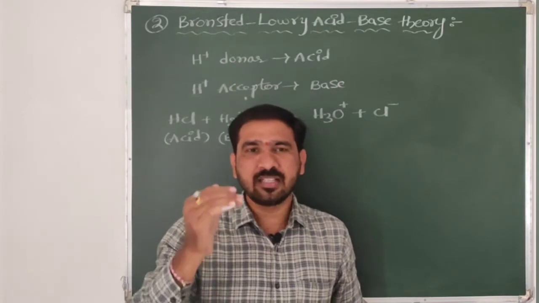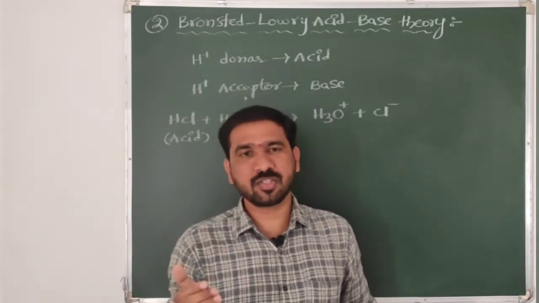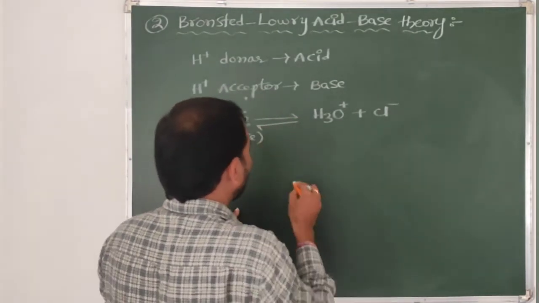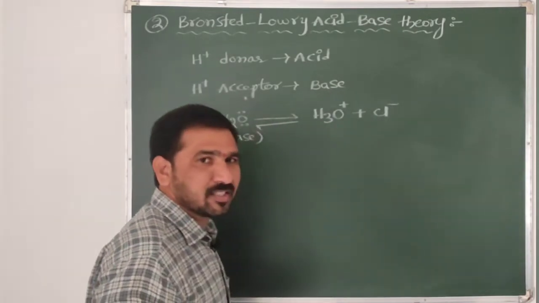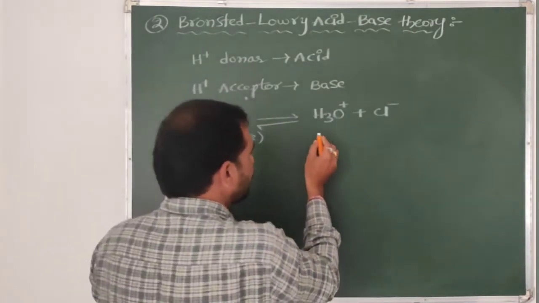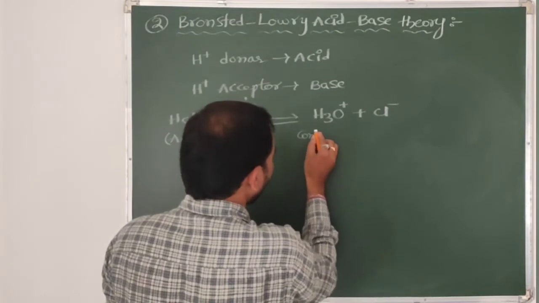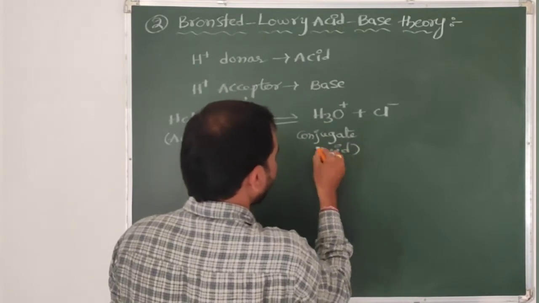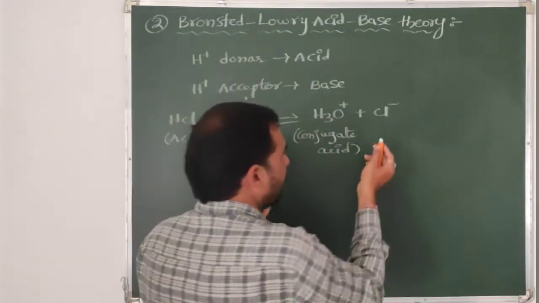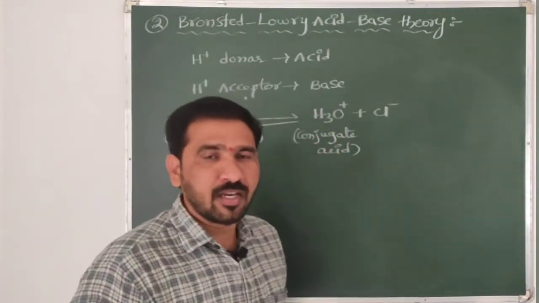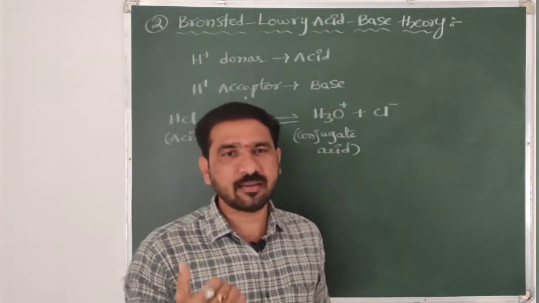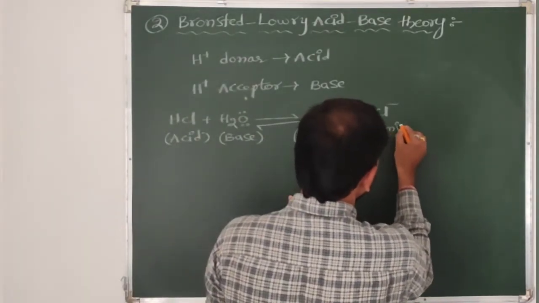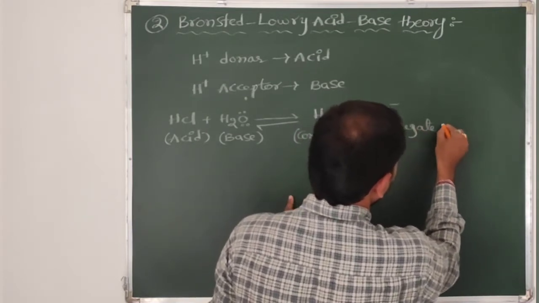To gain stability, it readily removes the positive charge, which is possible by donation of a proton. So this is a conjugate acid, because of proton donation. And Cl minus is also less stable. To gain stability, it accepts one proton from the acid. So this is called a conjugate base.